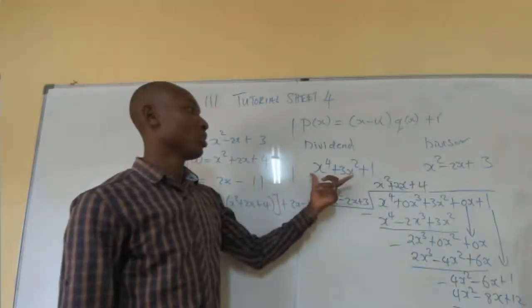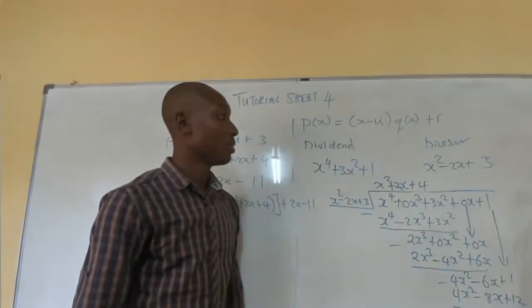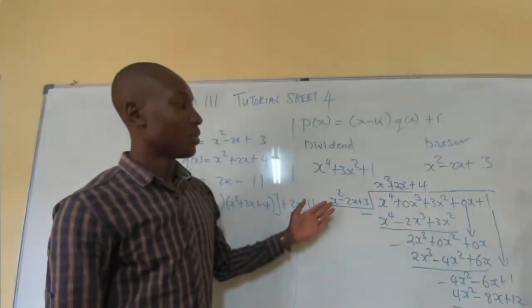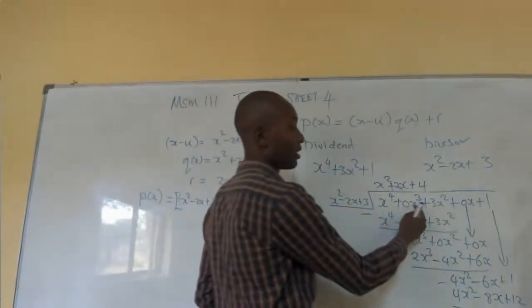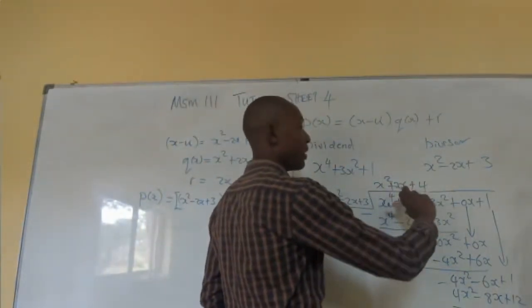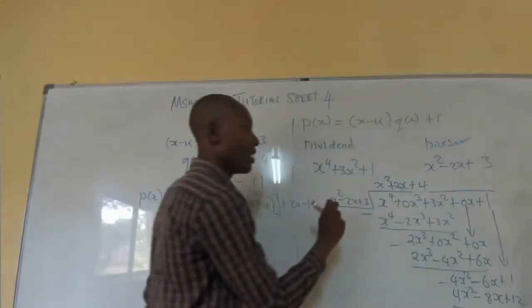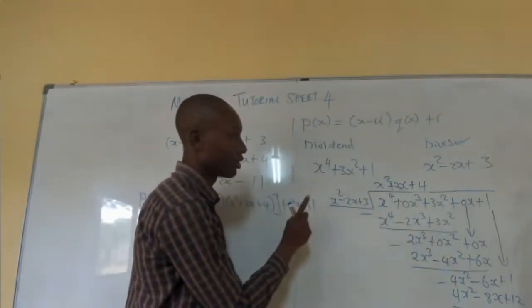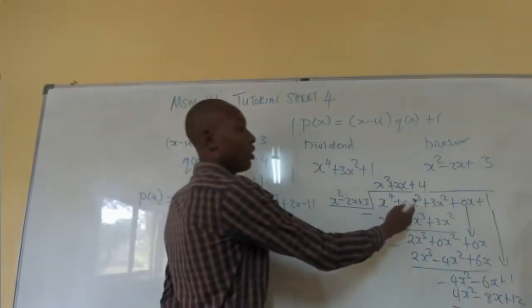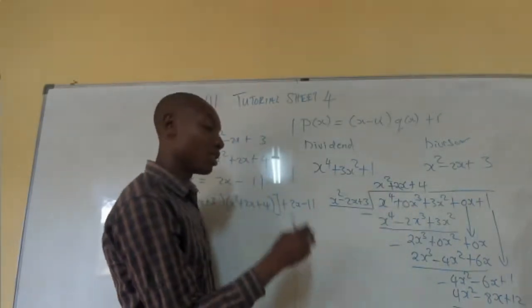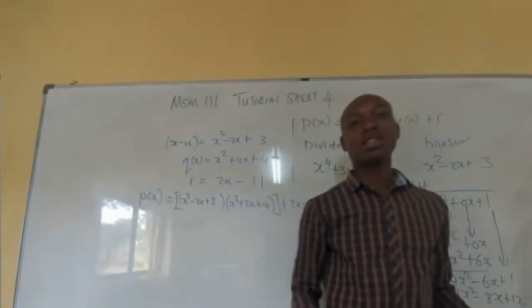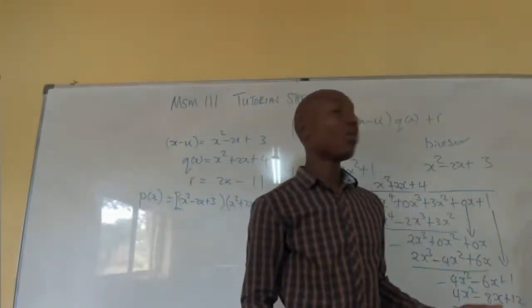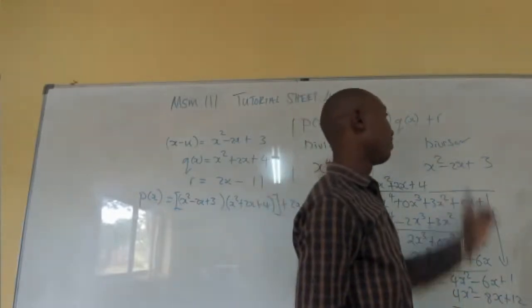Then you also notice that we had missing variables. So what did we say? In order to deal with the missing variables, you need to put zeros in for the missing variables. The 0 is the coefficient of the missing variable. Remember, 0 multiplied by anything is actually 0, so this is why we have it this way.